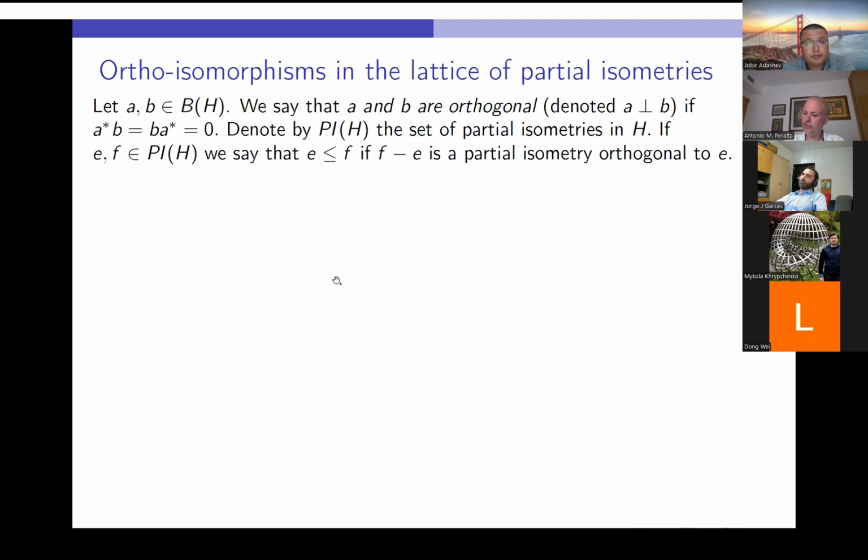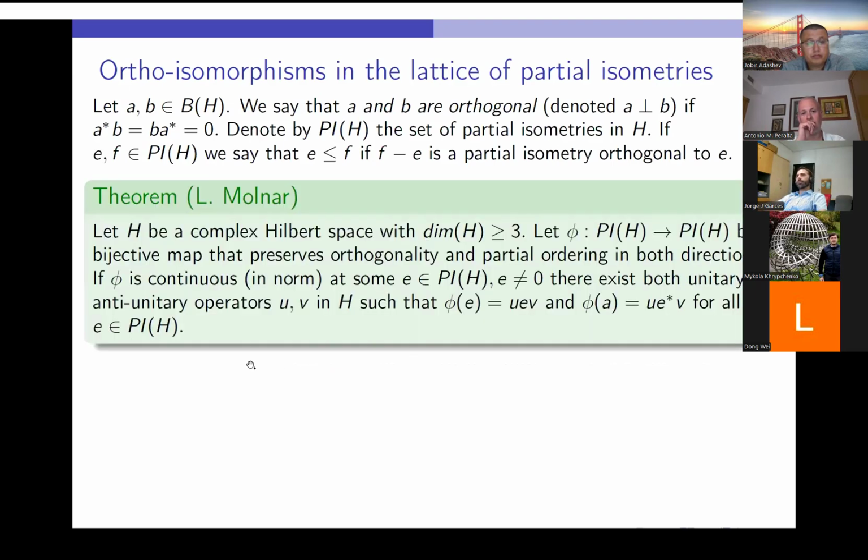But a notion of orthogonality can be defined for operators in a Hilbert space by these equalities here, and also a partial order that generalizes the partial order for projections can be defined in the set of partial isometries. Okay, so Molnar generalized the previous result for ortho-isomorphisms in the set of partial isometries in a Hilbert space, and he obtained this description here.